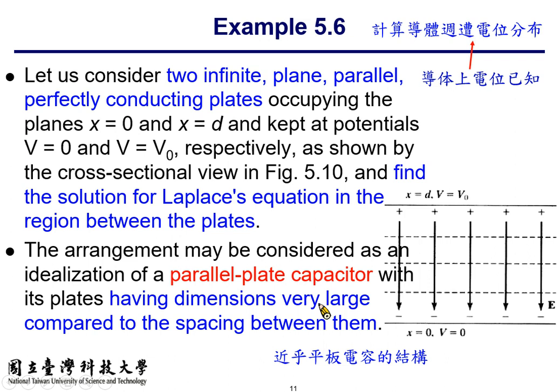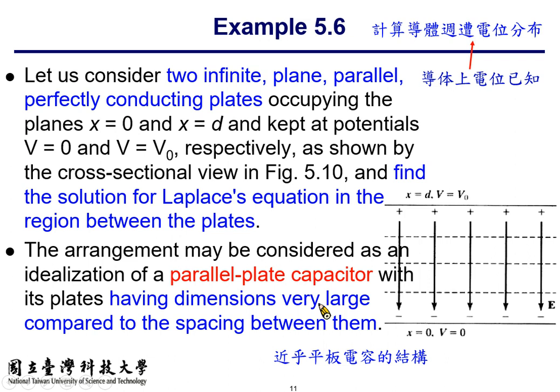And as you can see, because the two plates are parallel, the electrical potential, the voltage, which are shown as the dashed lines here, are parallel to the plates as well. The value of the voltage is larger at the top plate and becomes smaller and smaller toward the bottom plate.